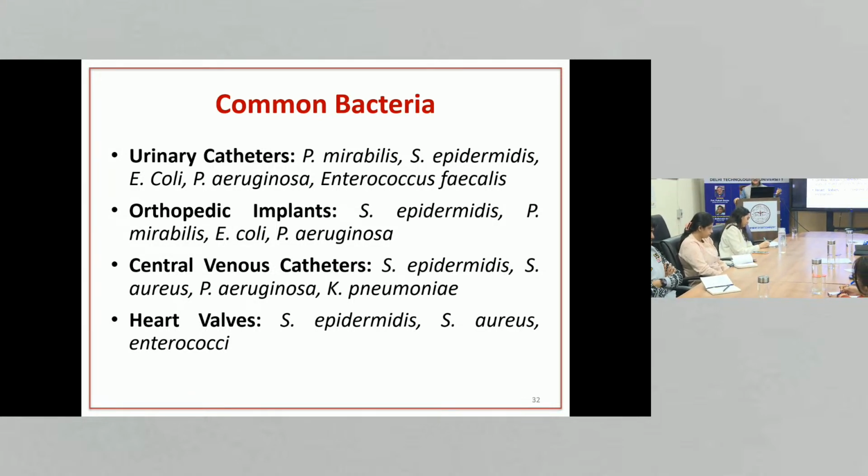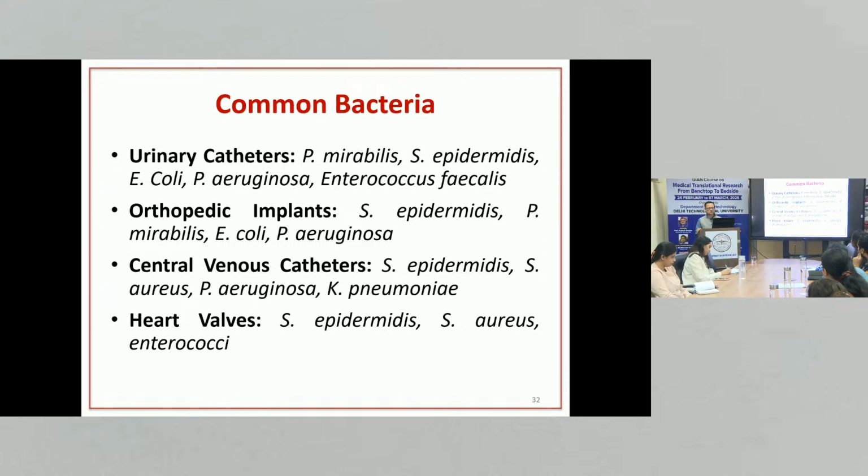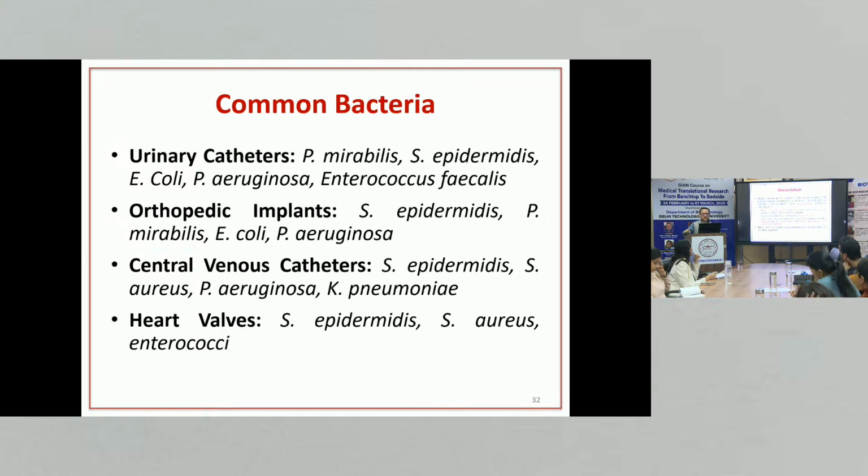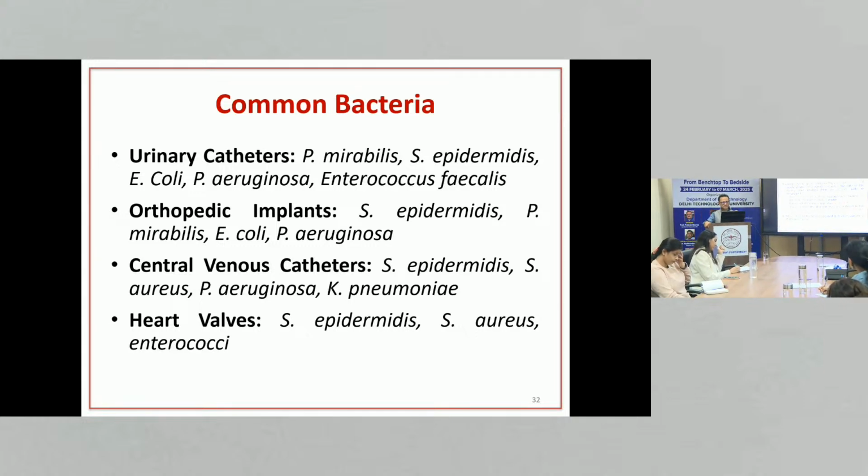For central venous catheters, Staph aureus, Pseudomonas are responsible. Heart valves, Staph aureus. But for urinary, this P. mirabilis is a huge issue, and the reason is urine has a high concentration of poorly soluble constituents in it.